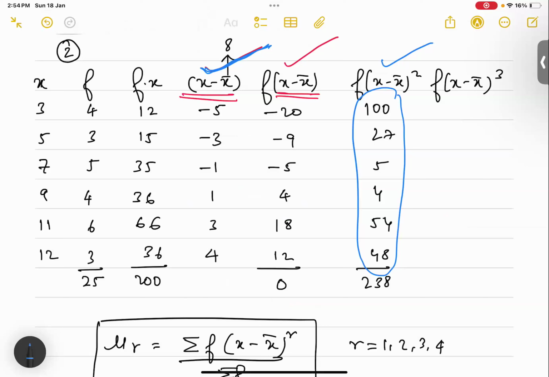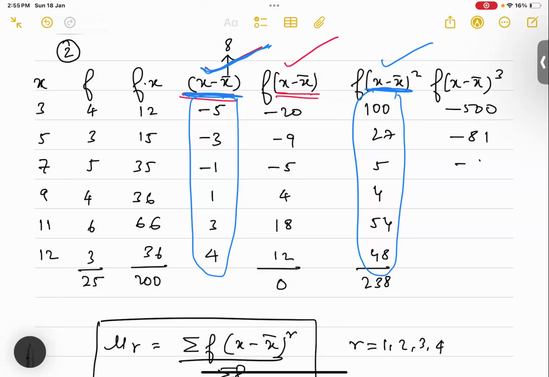So if you calculate the total of this, it is minus 228. So put this value over here. Minus 228 upon 25, which is equal to minus 9.12. This is minus 9.12.